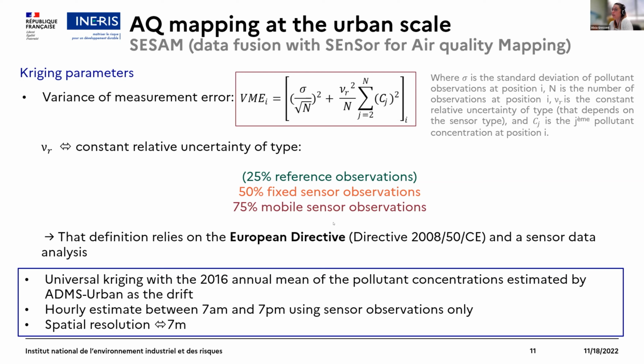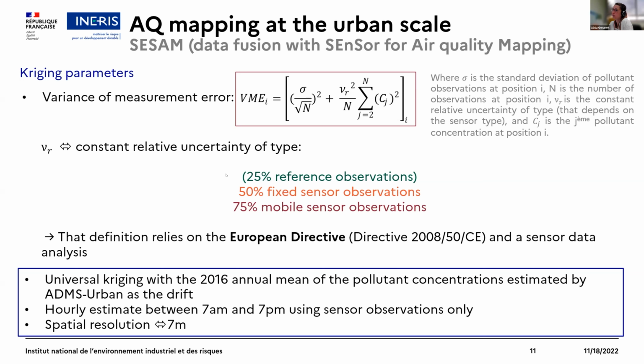This is defined as 50% for fixed sensor observations and 75% for mobile sensor observations. So we assume that the uncertainty for mobile observations is higher than for fixed sensor observations. That definition relies on the European directive and the analysis we did at the beginning of this study.